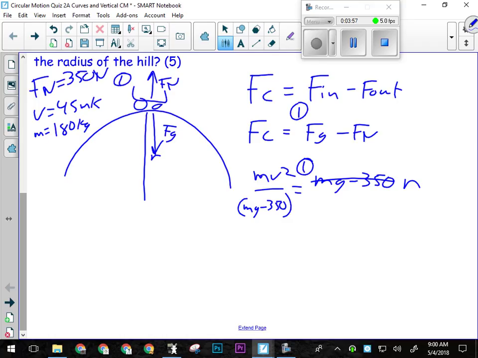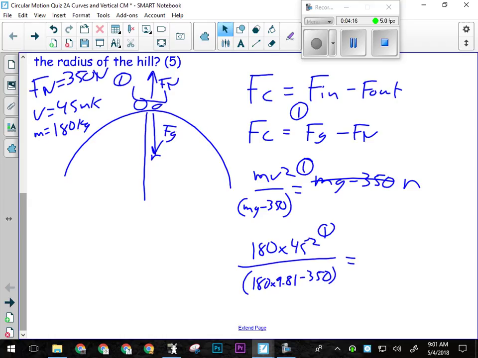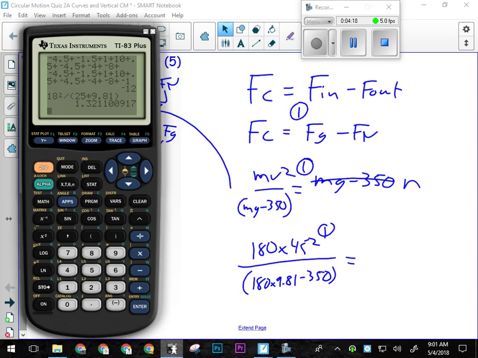All right, so plugging in all of our numbers here, we're going to have 180 times 45 squared divided by 180 times 9.81 minus 350. Give them a mark for that, and that'll give us our answer for the radius of the hill.